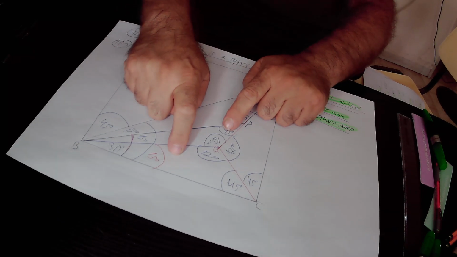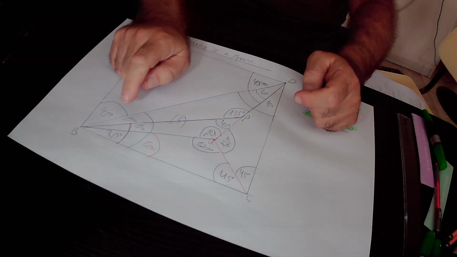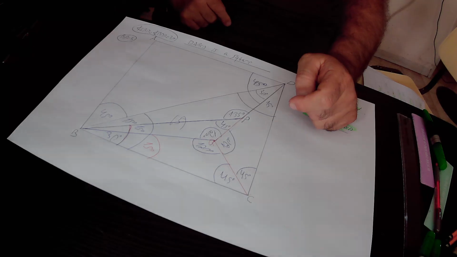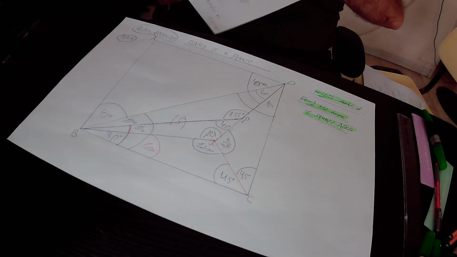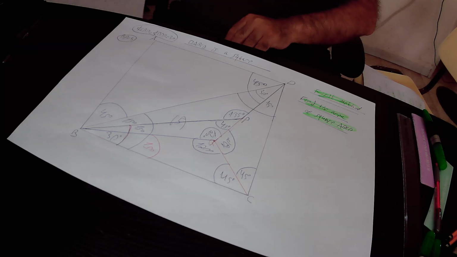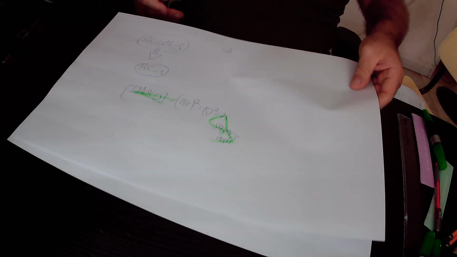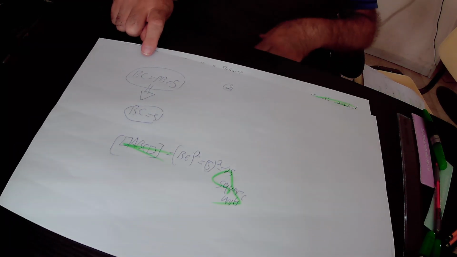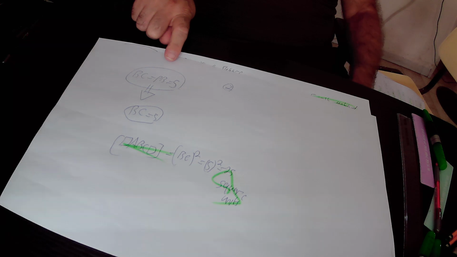So we found out in total that side BC in triangle QBC equals side PB in triangle QPB.